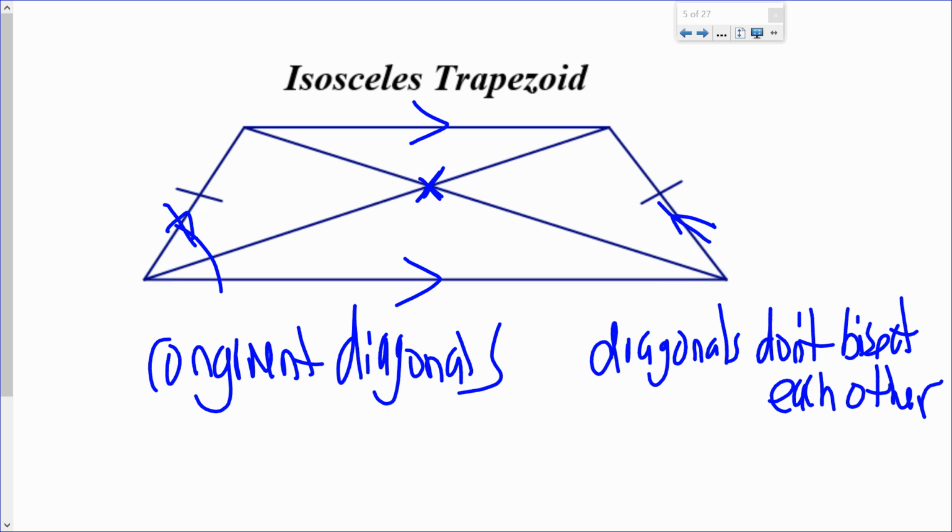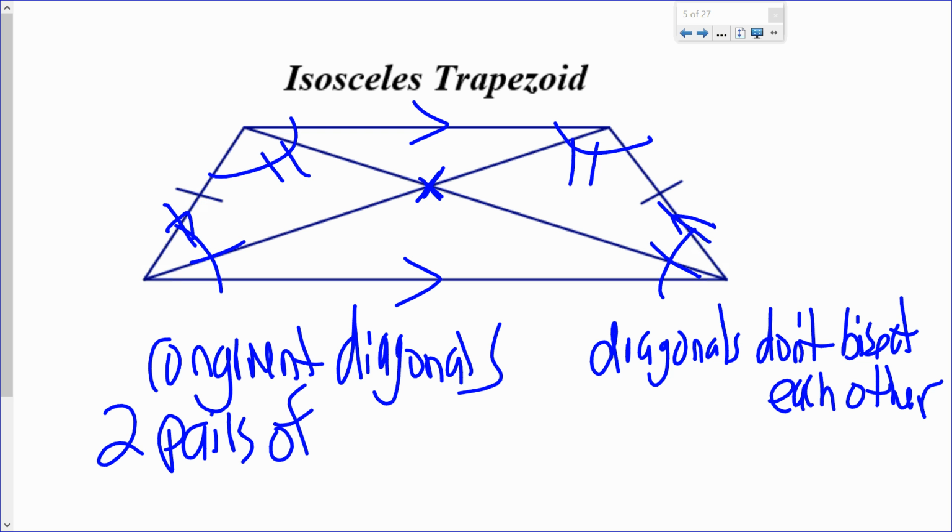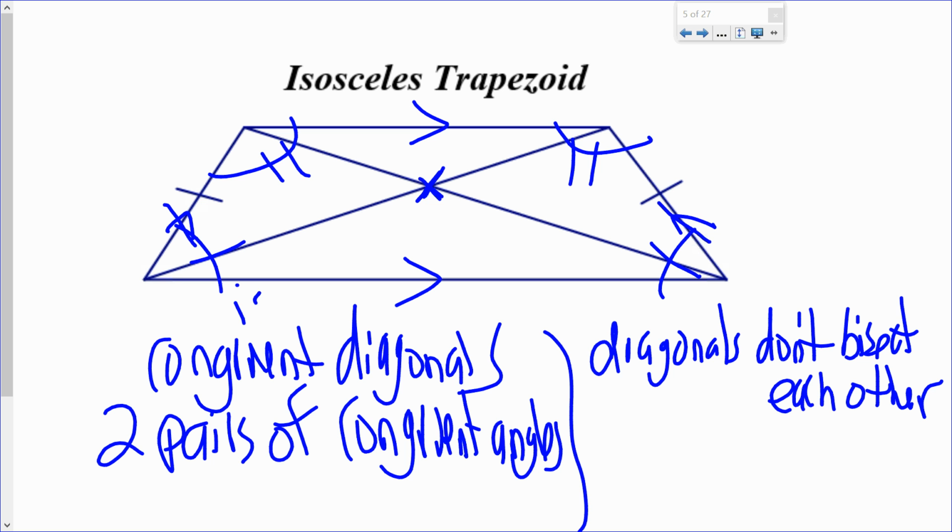And it's got two pairs of congruent angles. They're technically consecutive, but not all consecutive angles are congruent. Basically, the two top angles are congruent, the two bottom angles are congruent. That's it. So the ones at the bottom here are special for isosceles.